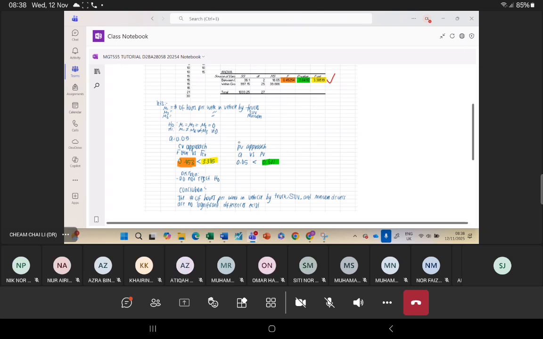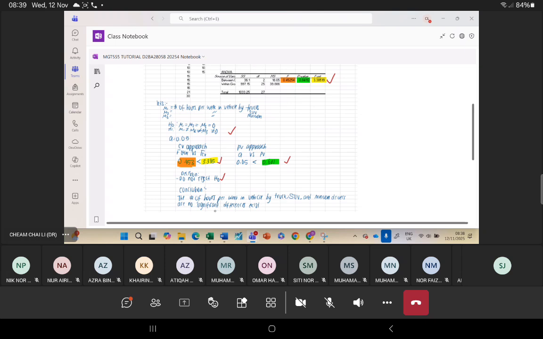Okay, mu1, mu2, mu3. Okay, now hypothesis betul. Okay, critical value approach, you have this, okay, p-value. Okay, so decision do not reject. So the number of hours per week in the vehicle by these 3 variables are not significantly different like this. Atau truck, SUV and minivan are the same, pun boleh juga. Atau have no significant difference, yeah.